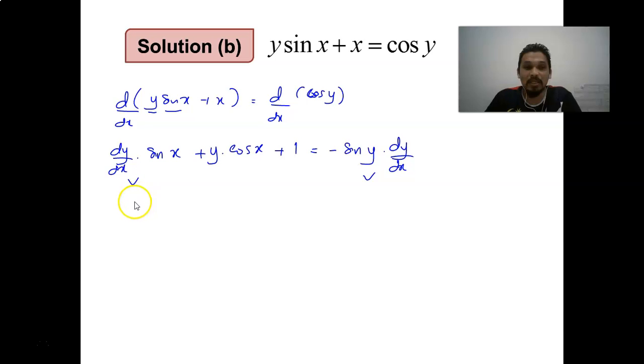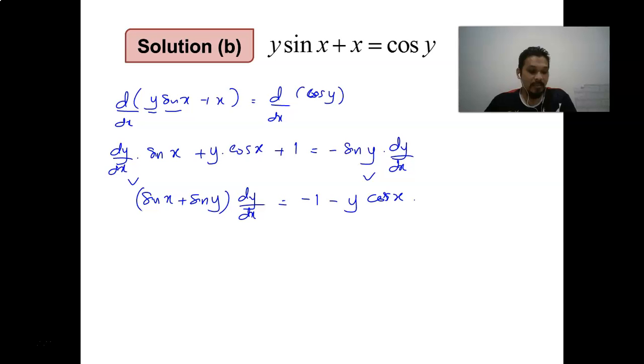So the negative sign brought here becomes positive: sine x plus sine y, factorize dy/dx, equals negative 1 minus y cos x.